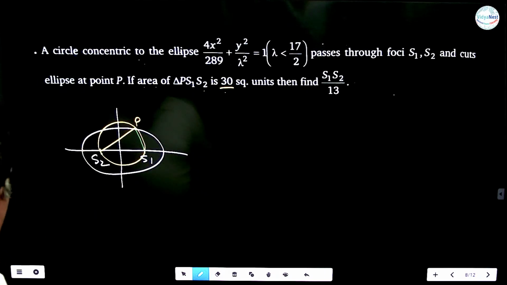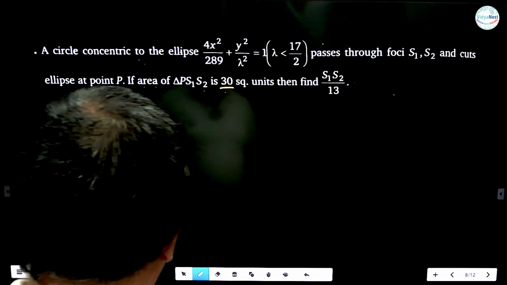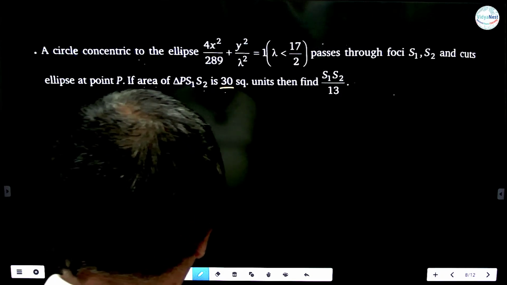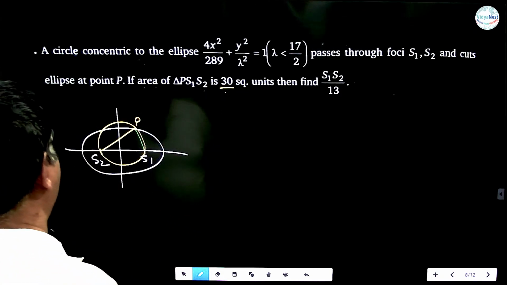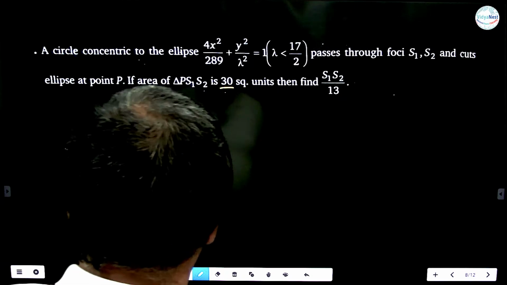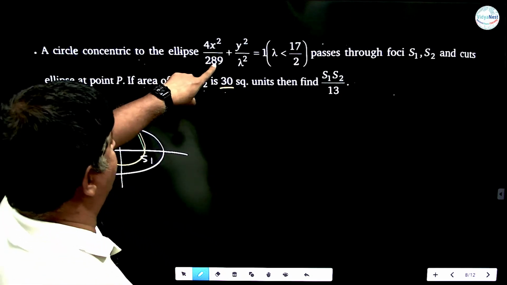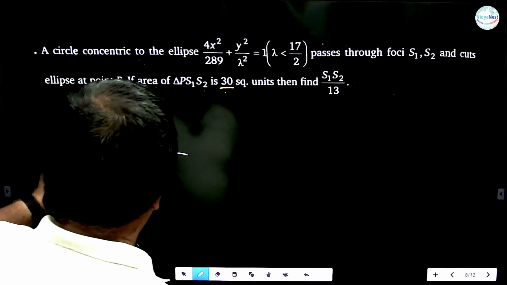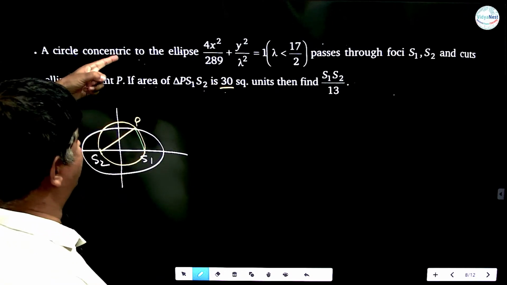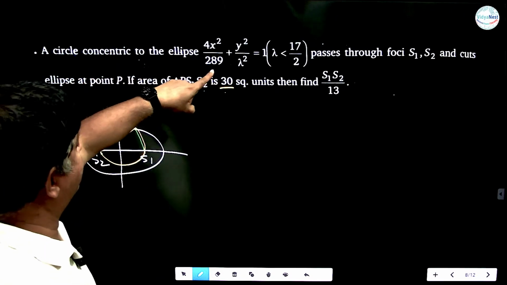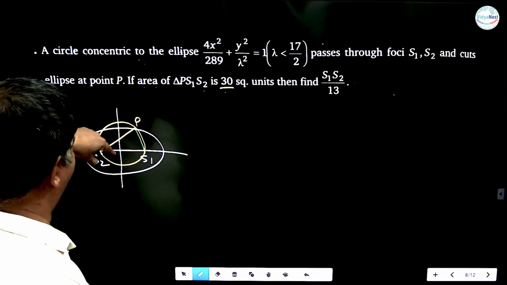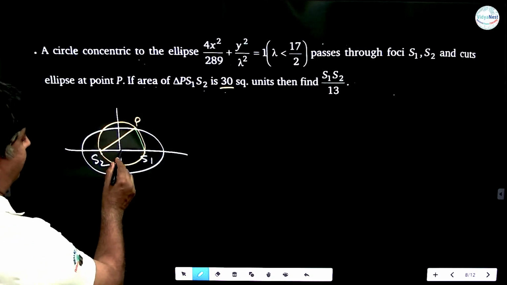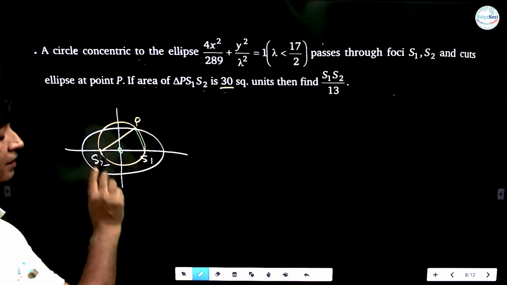How to find it? See, first of all, we'll examine whether the figure is correct or not. A circle is concentric to the ellipse. What does it mean? It means the center of the circle and the center of the ellipse are the same. That means that is the vertex of the ellipse and that is the center of the circle.